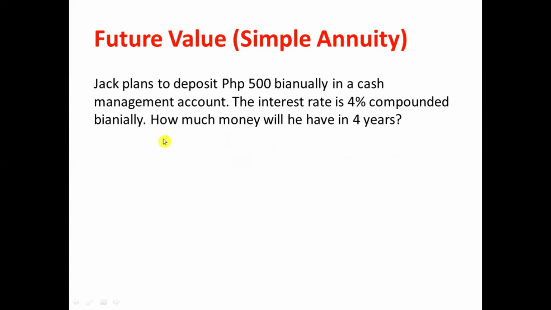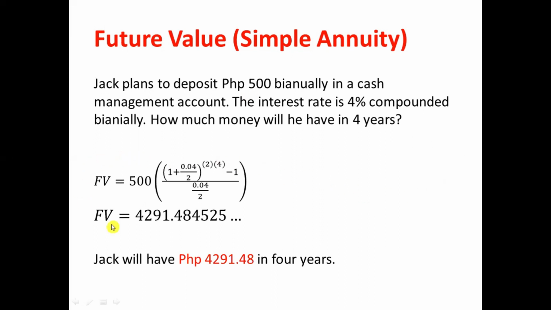So, for this, again, let us just list down the given. We have the regular payments, 500 pesos. We have the interest rate of 4% or 0.04. We have the number of payments made in a year of 2. And then we have time in years, which is 4.